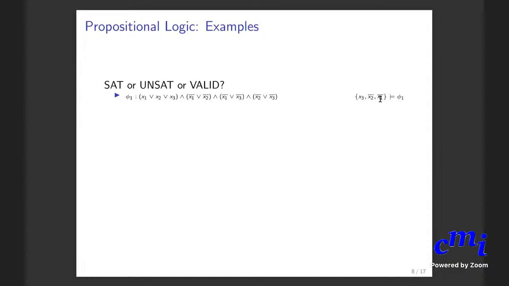See, X1 being false means this will be true, and X2 being false means both these things will be true. X1 being false makes the second and the third clauses true, and X2 being false makes the last one true. Then I can pick X3 to be true, correct?